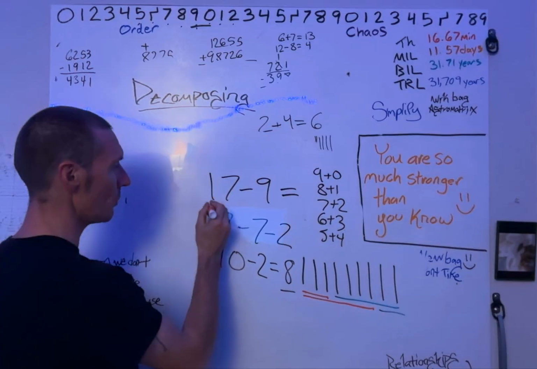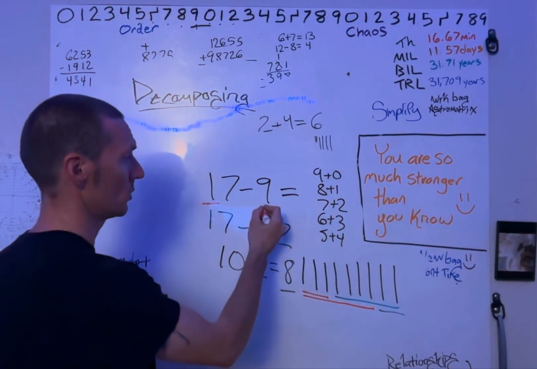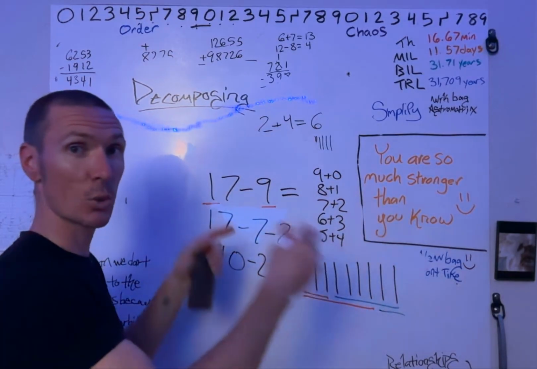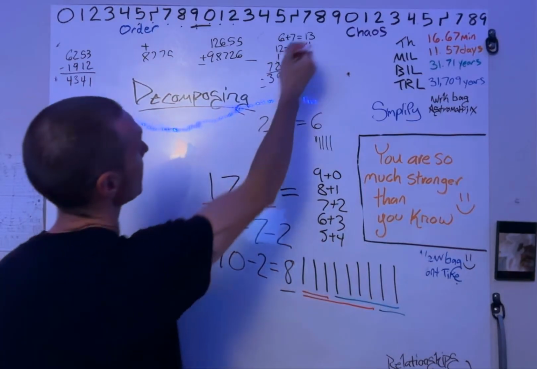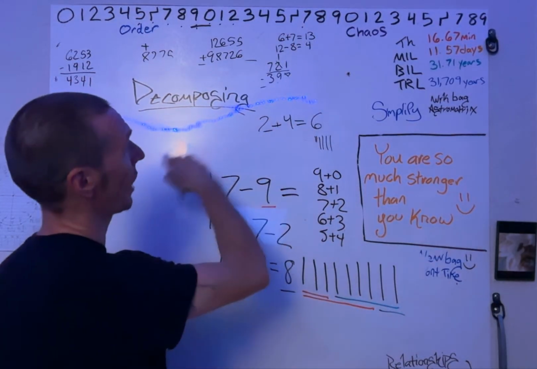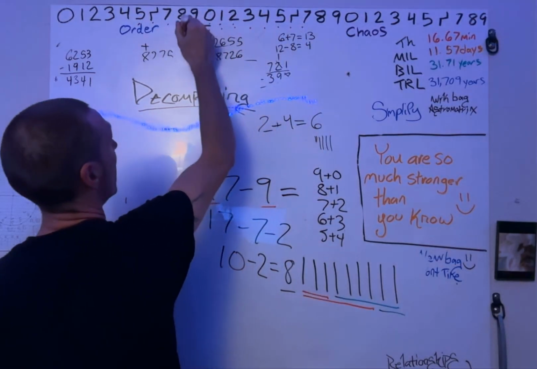Because we have 1 here, and we know that the number that we're going to be subtracting is going to take us out of the tens place, because this 17 is here, and we're going down 9. 1, 2, 3, 4, 5, 6, 7, 8, 9.